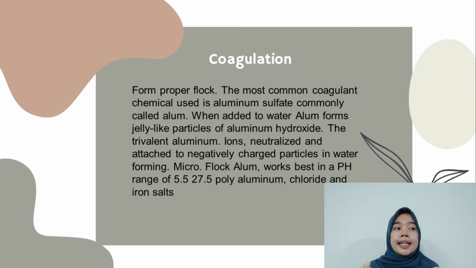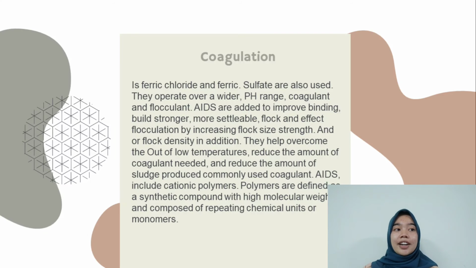Alum works best in a pH range of 5.5 to 7.5. Polyaluminum chloride and iron salts, ferric chloride and ferric sulfate, are also used. They operate over a wider pH range.